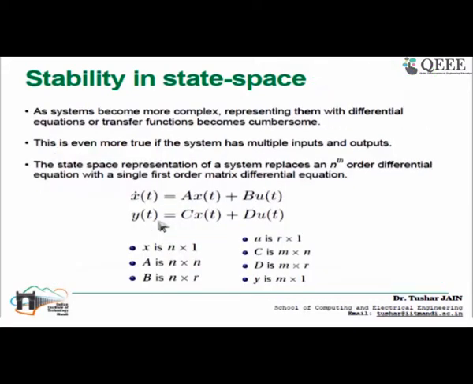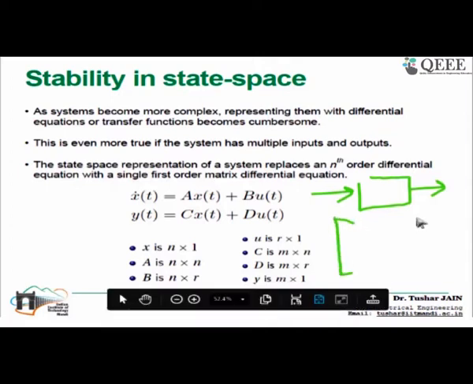So how do we determine the stability? So far we have considered a single transfer function which maps only one input and one output. If you have a number of inputs and a number of outputs, then instead of only one transfer function, we would have a matrix of transfer functions.